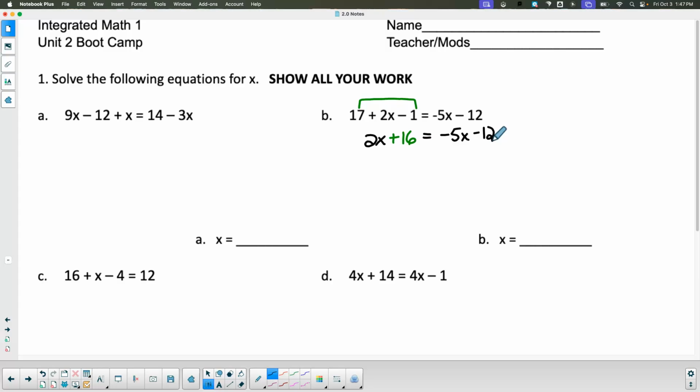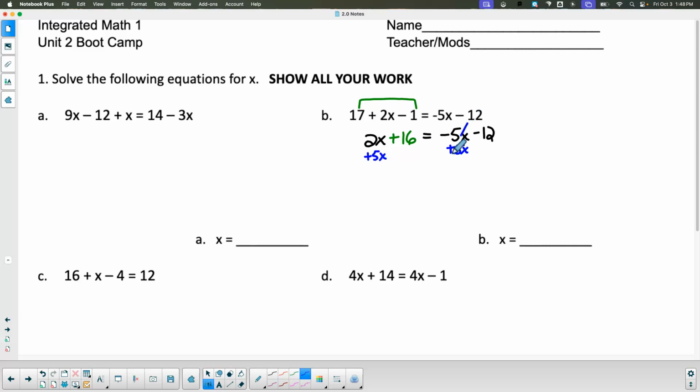So if I'm going to leave the variables on the left side, that means that I'm going to have to move this 5x, and when I move that 5x, I do the opposite. So it's -5x as written in the problem. So the opposite of negative is positive. So I have to add 5x to both sides. If we would have chosen right, then we would have subtracted 2x from both sides. Because the 2x is positive, to move it, I would have to subtract it. With me on that? Okay?